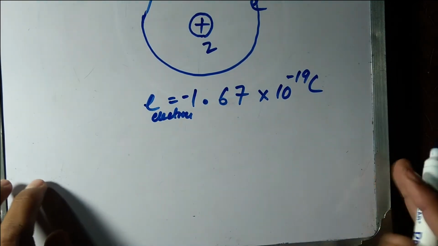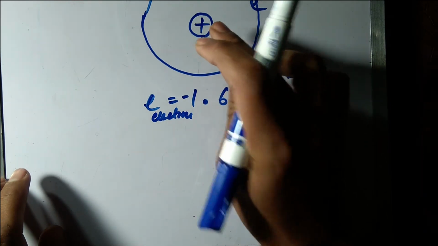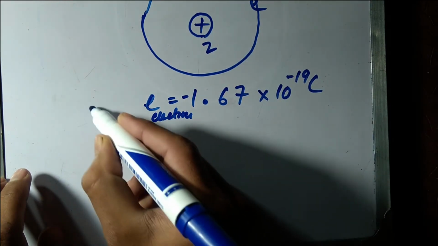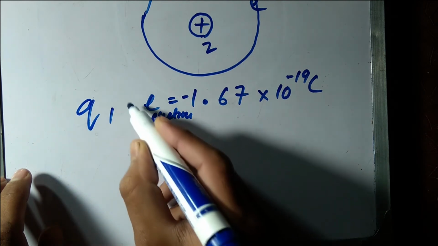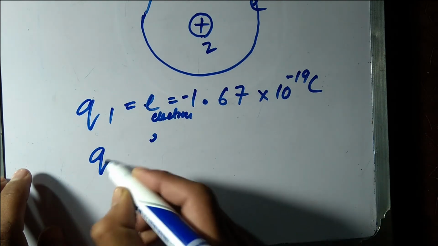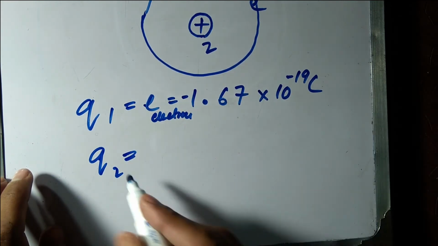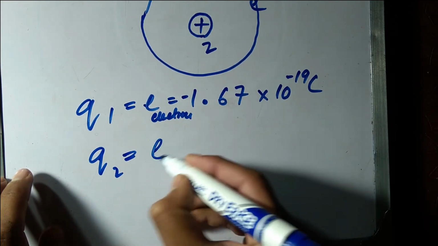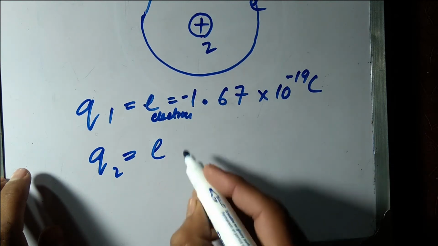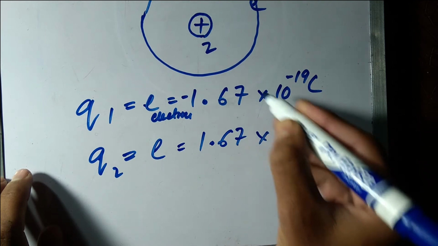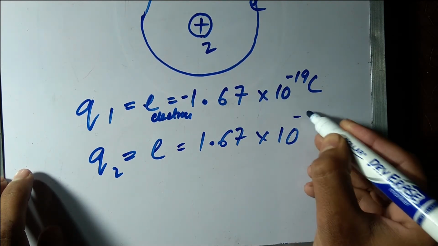And the same for the proton. Let's say this was Q1 and this was Q2. The charge on the proton is equal to e, the same magnitude as the electron, but this one is positive.